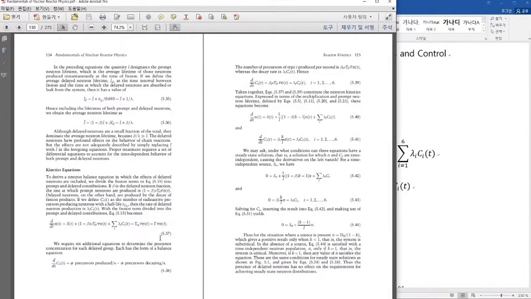And also for each precursor of delayed neutrons, that means for the fission fragments emitting delayed neutrons, the concentration of such precursors can be described with this production rate minus the decay rate of the precursor.